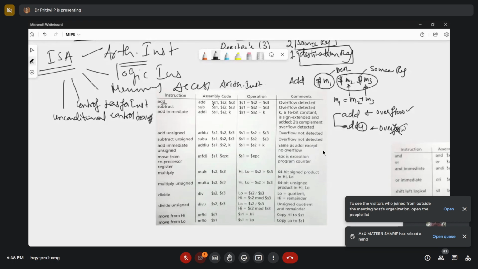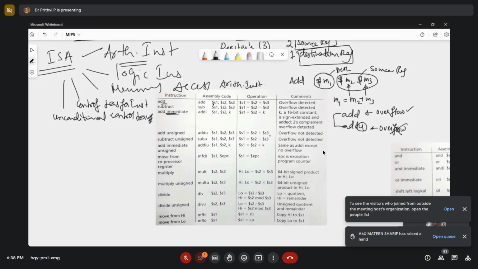Magnitude increasing more than the number of bits. Say a 4-bit value you are adding and the magnitude exceeds 4 bits and goes to the 5th bit, it cannot be taken as carry or sign bit. So the overflow cannot be detected if it is unsigned. If you don't want to deal with overflow, you can go for unsigned addition. So this is an immediate addition.